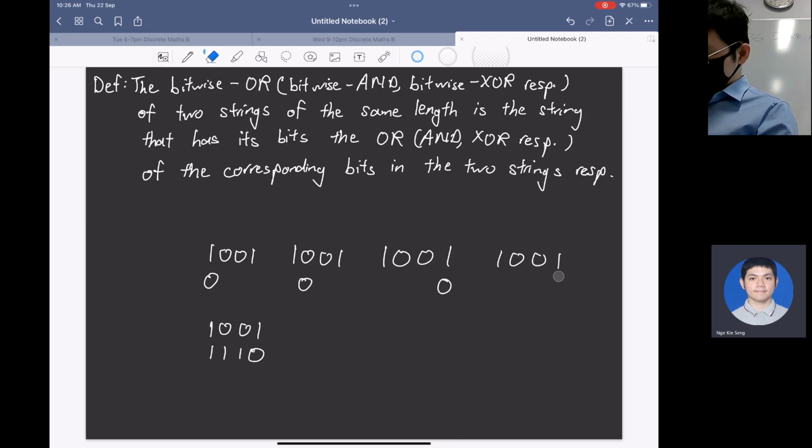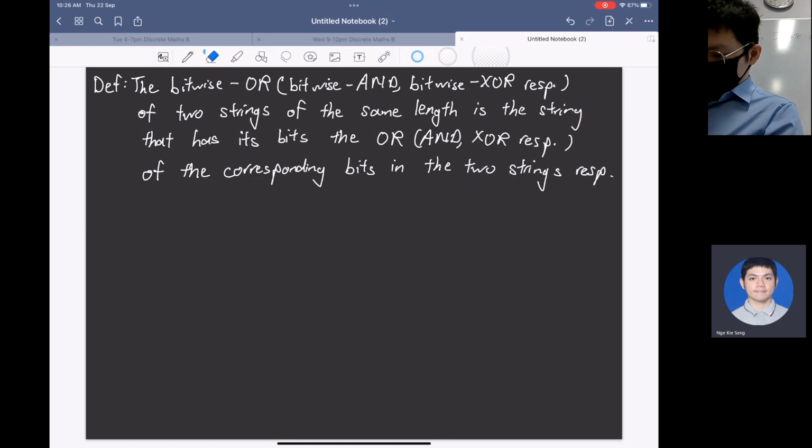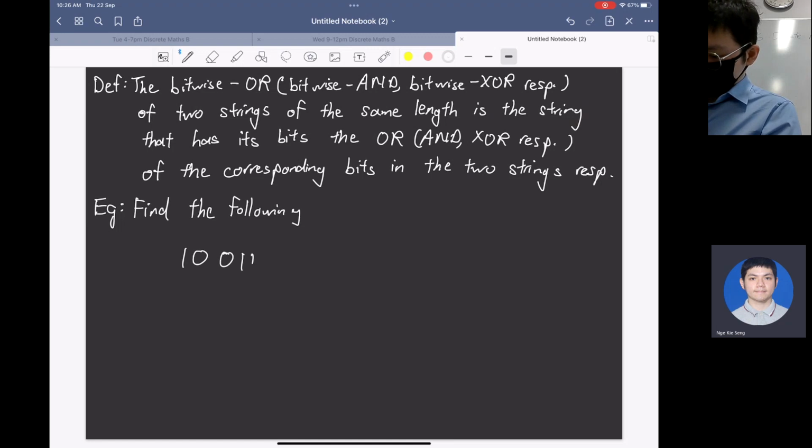Okay, let's try some examples. Find the following. Let's try 1001110 and 1100100.